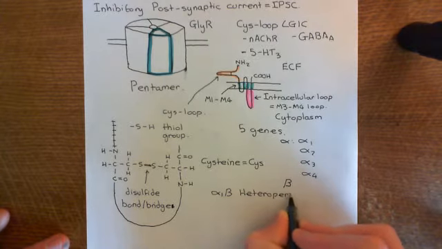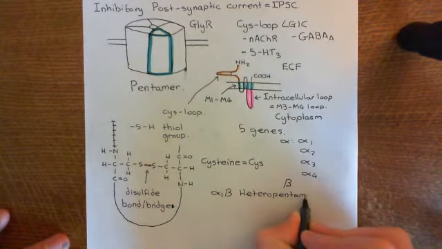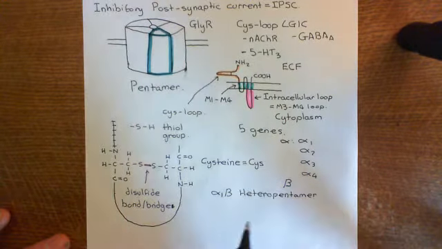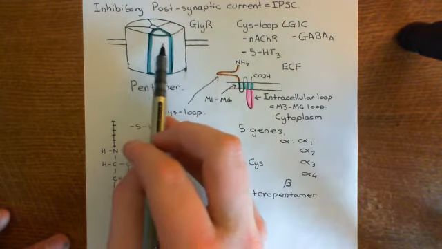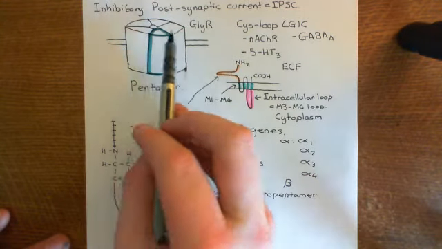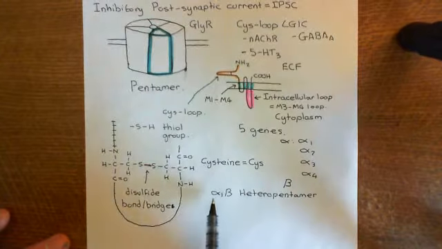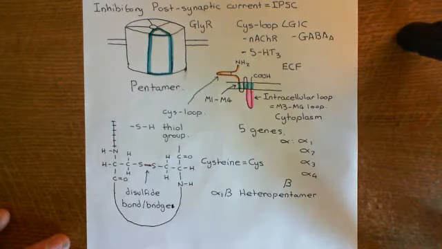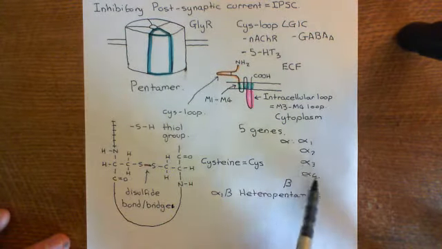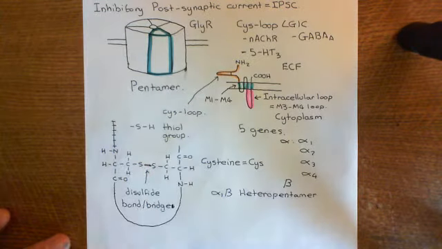Pentamer means that it's composed of 5 subunits. So basically, when making one of these glycine receptors, you will use 2 different types of subunit: the alpha 1 and the beta. So you can scratch off the other 3, alpha 2, alpha 3, alpha 4. These are the 2 important ones, alpha 1 and beta.